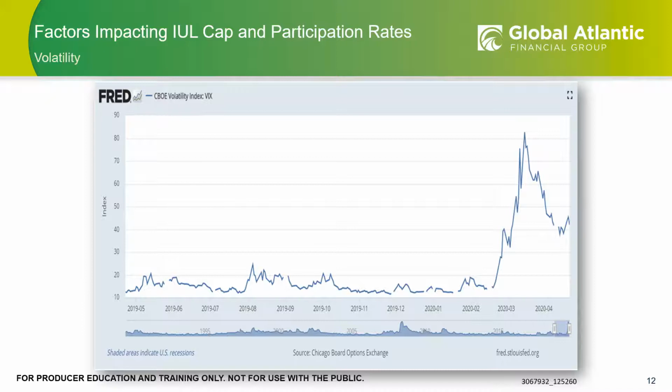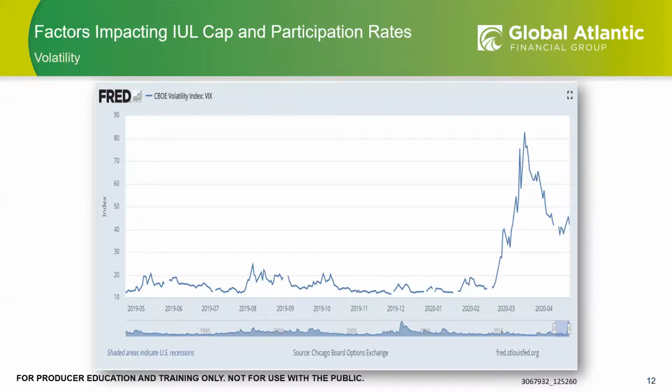This slide is a little bit out of date, because it was from a little earlier this month, but we've seen volatility come back down, and you can see it spiked there right after COVID. So between the mix of the interest rates and the volatility, we're seeing a lot of pressure on what carriers can offer for cap and participation rates, which is why you're seeing a lot of them change right now.